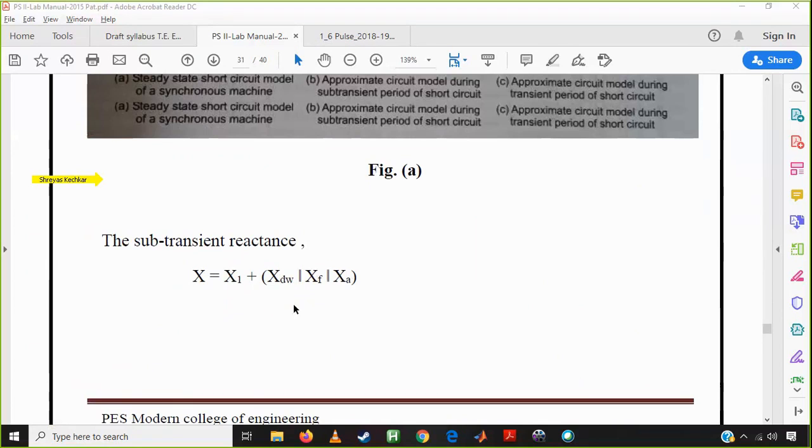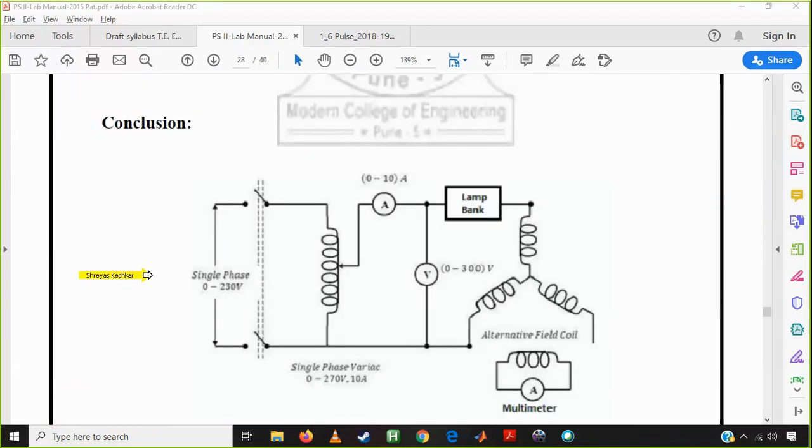When the single phase supply is given by connecting this particular switch, variac is gradually increased up to 230 volt. Afterwards, the lamp bank, we have to turn on the lamps one by one.